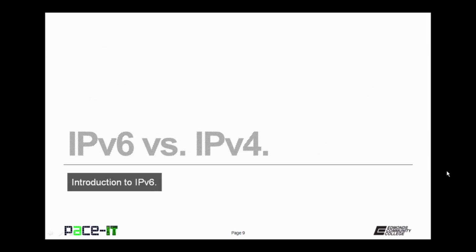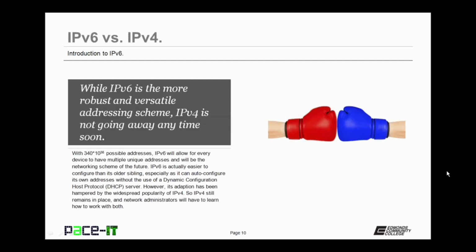Now let's move on to some differences between IPv6 and IPv4. So now, while IPv6 is the more robust and versatile addressing scheme, IPv4 is not going anywhere soon. With its 340 undecillion possible addresses, IPv6 will allow for every device to have multiple unique addresses, and it will be the networking scheme of the future.